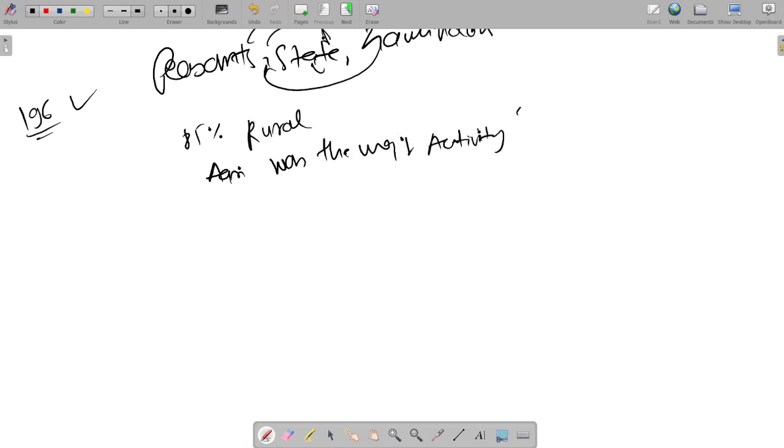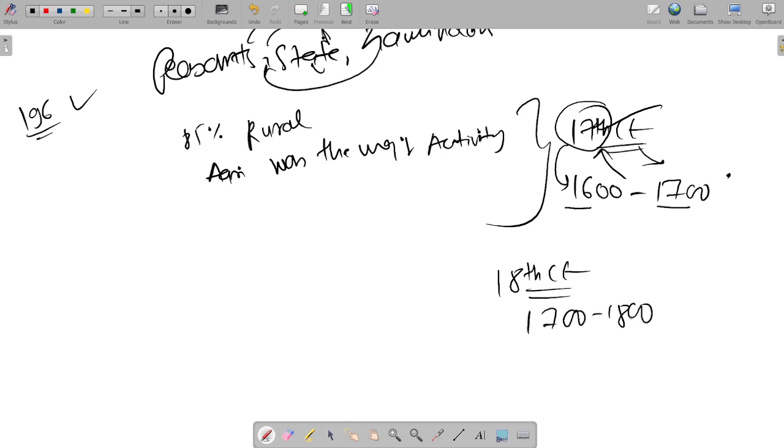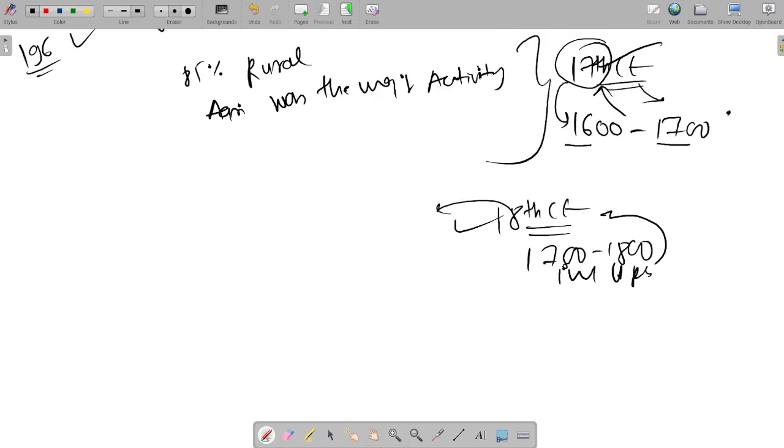Remember, guys, this is in the 17th century CE, that is from the 1600s to 1700s CE, and if we say 18th century CE, then the year ranges from 1700 to 1800. Don't confuse it in the UPSC prelims exam, because sometimes we tend to get confused in a hurry. Getting back to the topic, 85% of the rural population was dependent on agriculture.